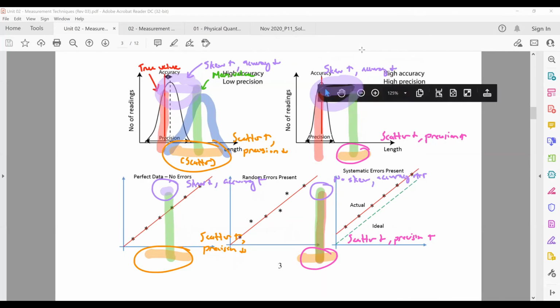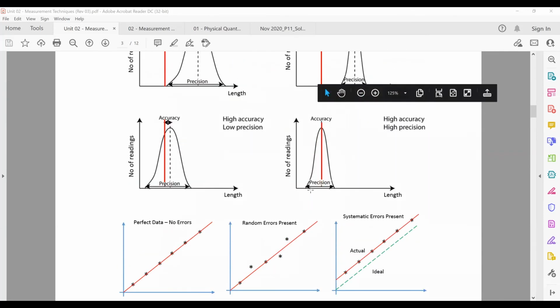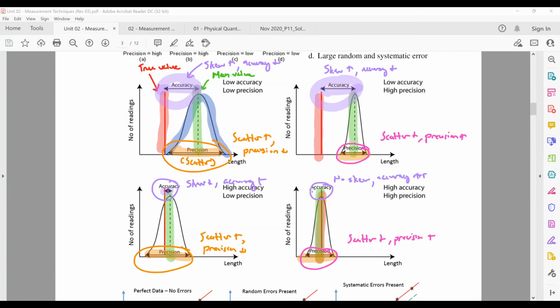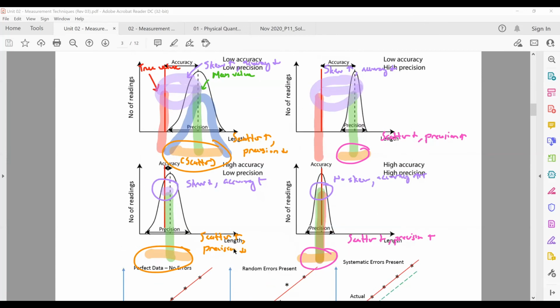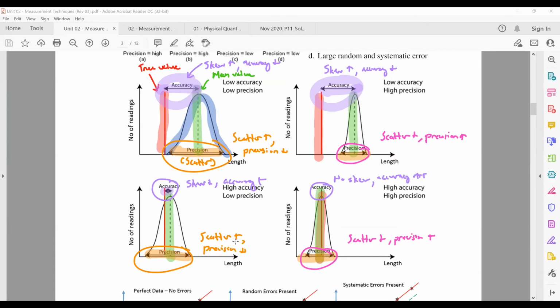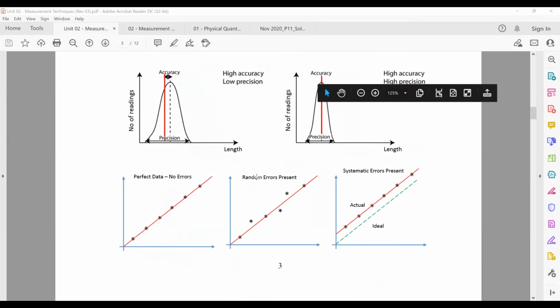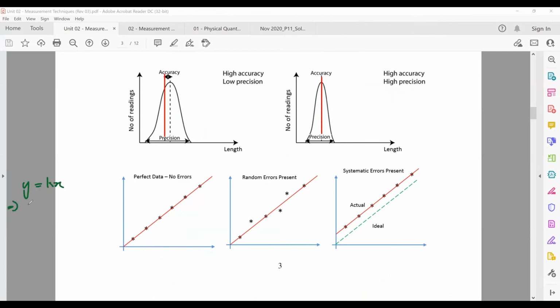Now, let's just say when you do your experiment in paper 3 and then you plot out a graph, just by looking at the graph that you plot, you will be able to determine your random errors and systematic errors also. What do I mean by that is, if you look at this one here, let's just say I have a relation y equals kx.